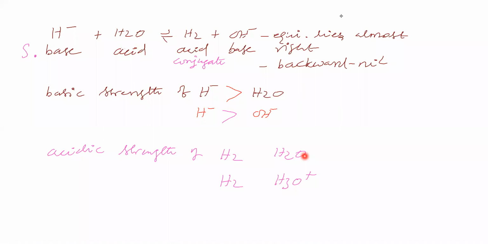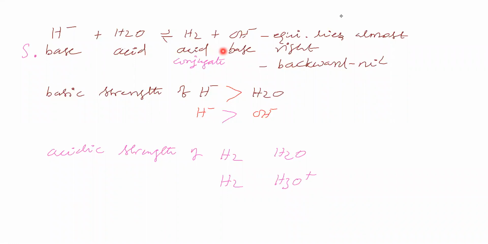See, forward is taking place. Water gives H plus and becomes OH minus. Water is an acid, so it gives H plus and becomes OH minus. Forward is there. No backward. Backward is not taking place. That means hydrogen is unable to give H plus.